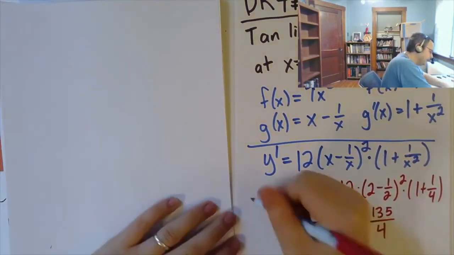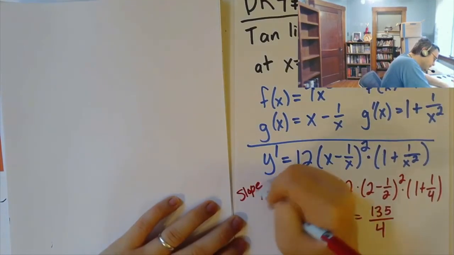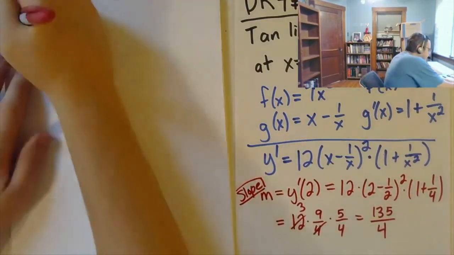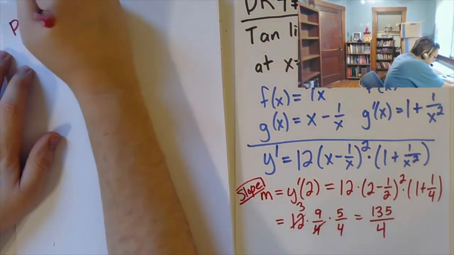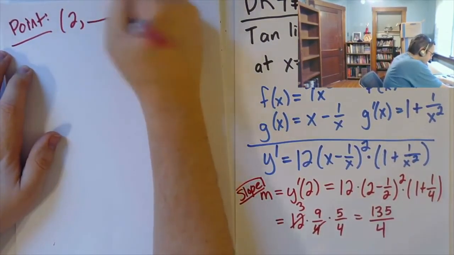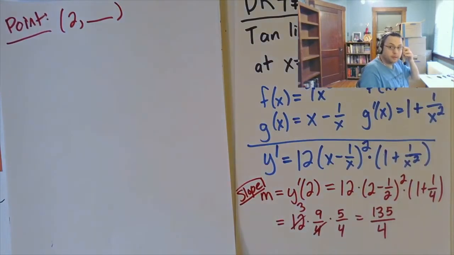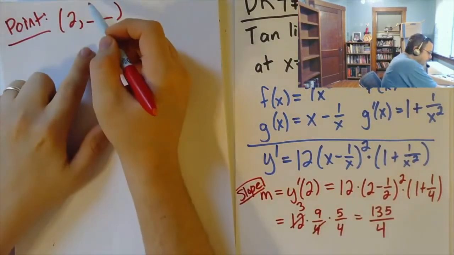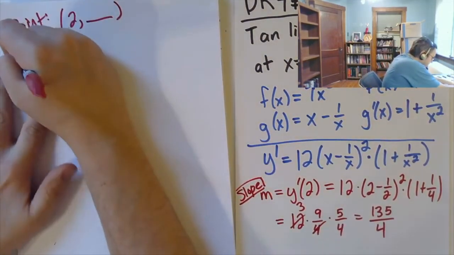We didn't actually find the point since we were only given the x-coordinate, so let's go ahead and figure out the point. So we know the x-coordinate is 2, and we know the y-coordinate is going to come from f of 2, or y of 2 in this case.